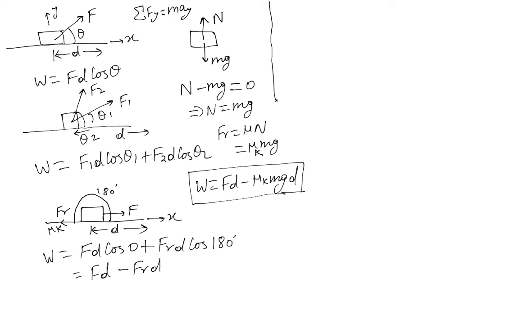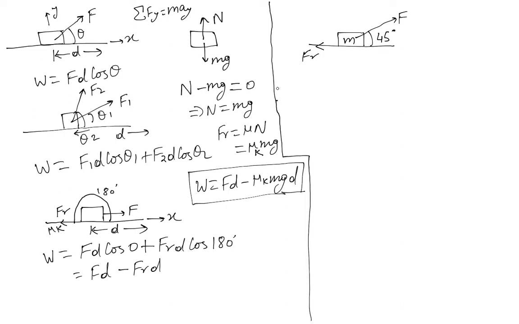Let's take a little more difficult example. Let's say you have a mass m, and there is a force F acting, and this force F makes an angle of 45 degrees. There is also a friction force Fr. Now how will you solve the problem?